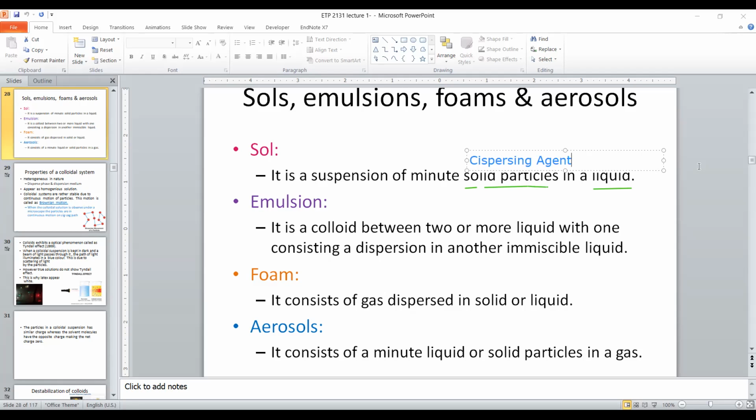The solid particle is the dispersing agent. Major component is called the dispersing medium.